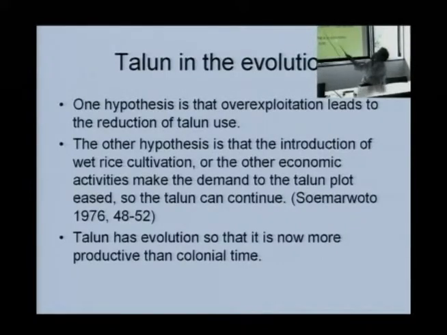So why do we find Talun Swidden agriculture in West Java where the people are so densely populated? Of course, there are hypotheses. One hypothesis is that now we find Talun in West Java, but that is only a kind of residual remnant of old days.